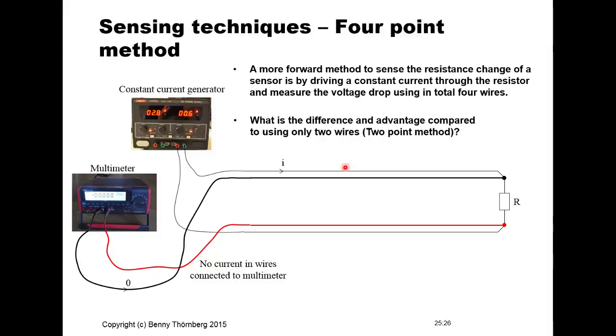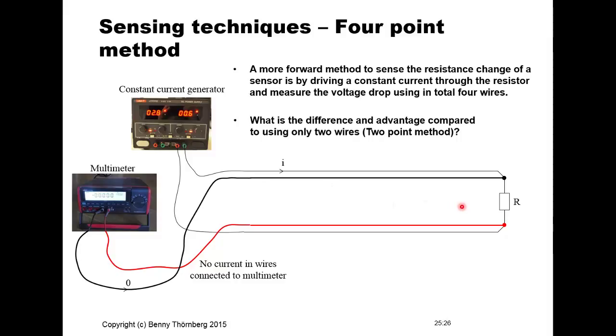There could of course be a temperature dependency of the resistance in the long path of wire, if wires are drawn over a long distance to connect between the constant current generator and the resistive sensor.